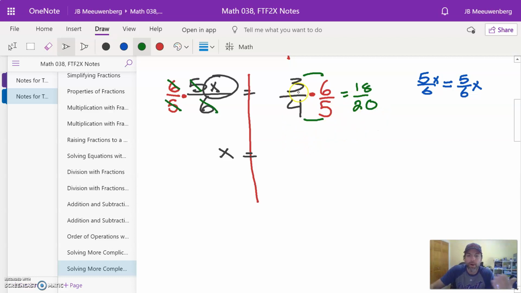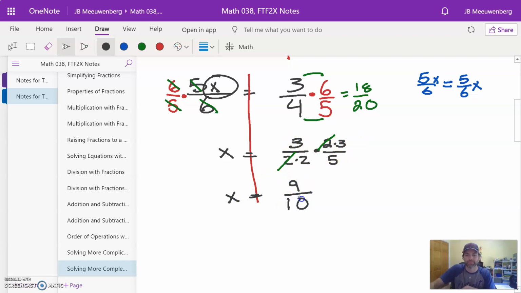Others of you might take this and immediately go through how I've been trying to teach you to cancel stuff and reduce fractions, 3/20. 4 is 2 times 2, times 6, which is 2 times 3, thinking about prime factorizations and how they can help you cancel. And then you multiply everything back together: 3 times 3 across the top, 2 times 5 across the bottom. This will get you to the same spot.